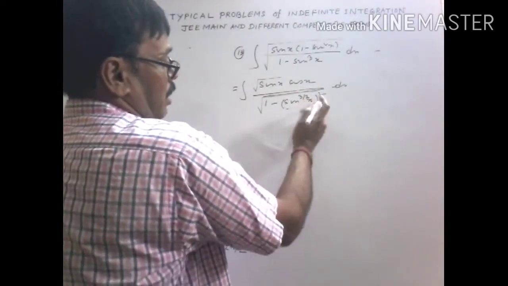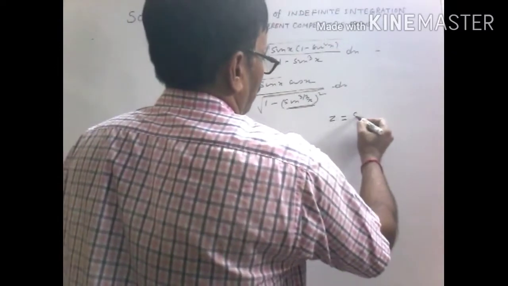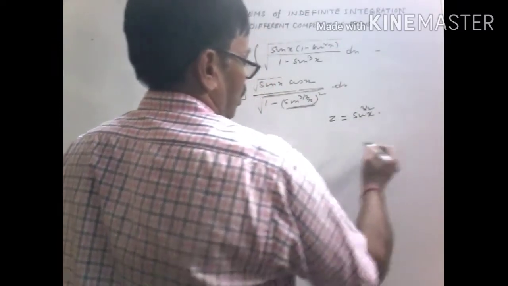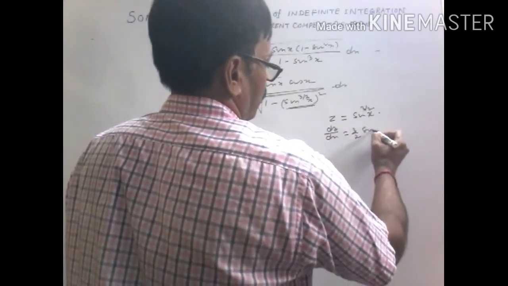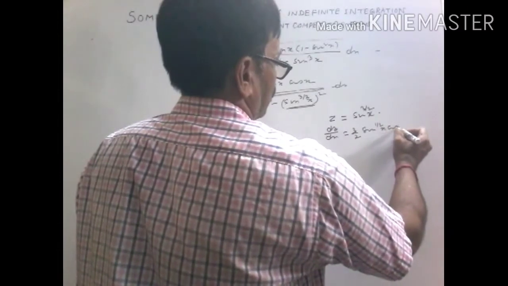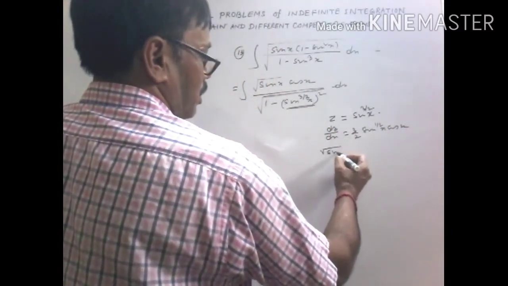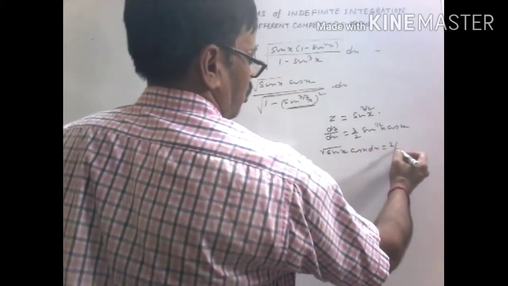Now look, it will be of second degree if we put this equal to z. And what is the derivative of sin 3 by 2 x? So dz by dx, we know 3 by 2 comes forward, sin to the power half x, and this is cos x. So look, this is our main aim. What is sin x? Root sin x cos x dx.